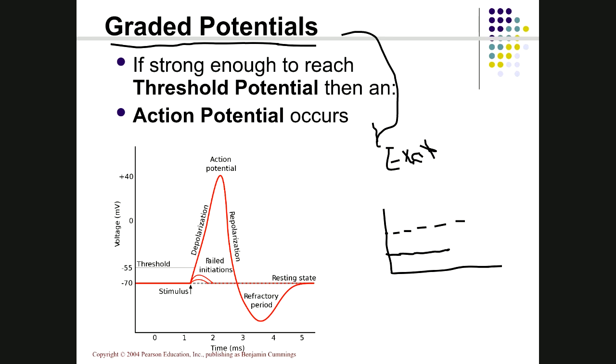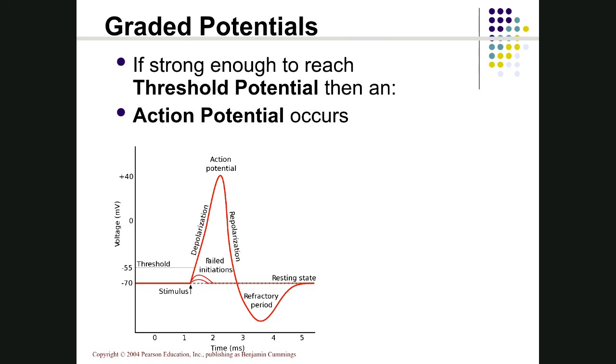And threshold potential is where voltage-gated channels become involved. So remember, we're already using chemical or mechanical, but at threshold, voltage-gated channels become involved. And if you reach threshold, we're not going to get a graded stimulus anymore. It's going to turn into an action potential.